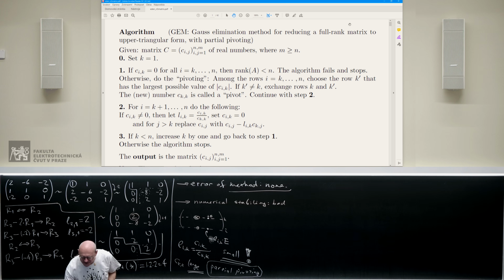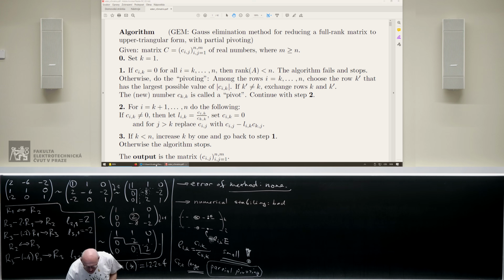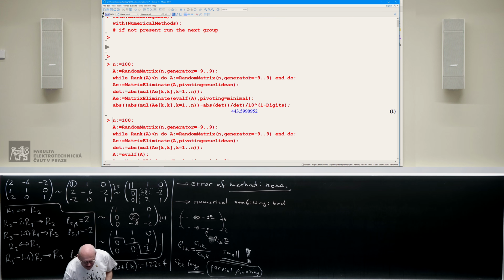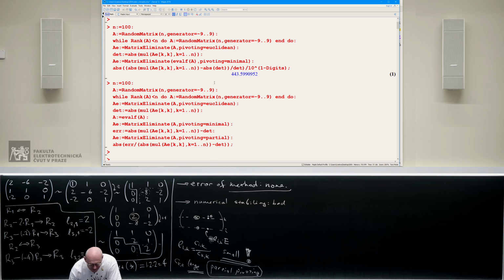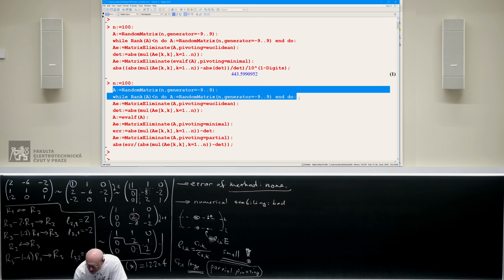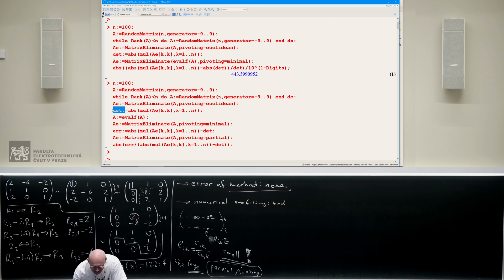And let's do some experiments, because I'm sort of suggesting here that partial pivoting should be beneficial. And we can try it out. So here is a new code. I create a random matrix and I make sure that it's regular. Then I find the actual value of determinant by, well, that's another story. I have some tricks for that and it takes time. And then I do 2 eliminations.